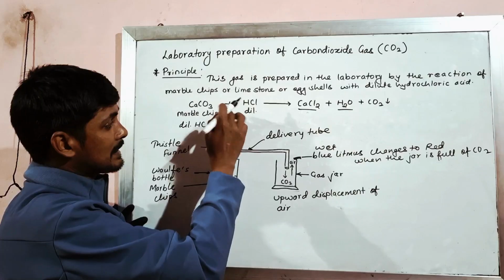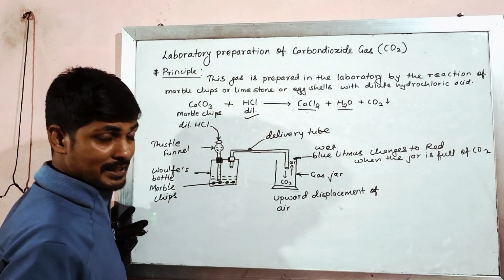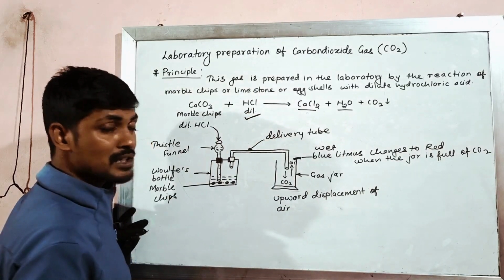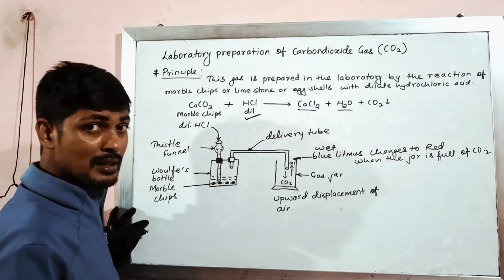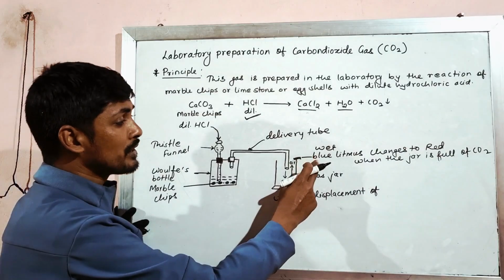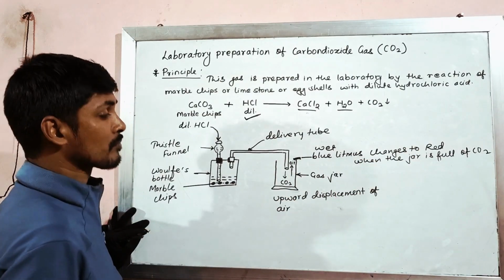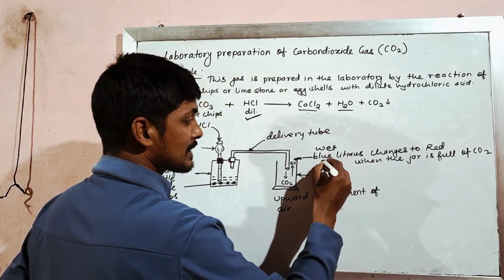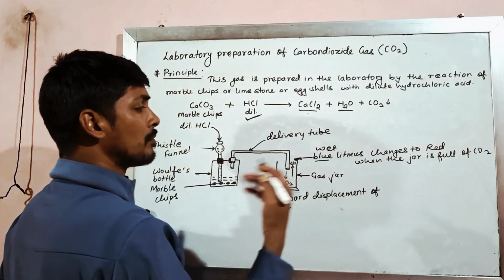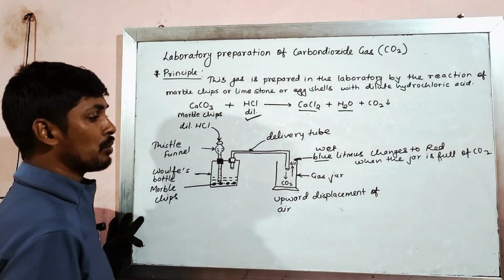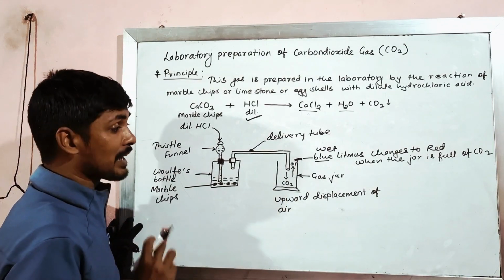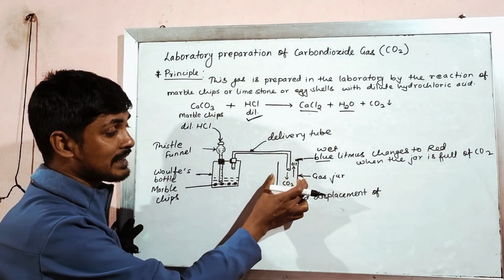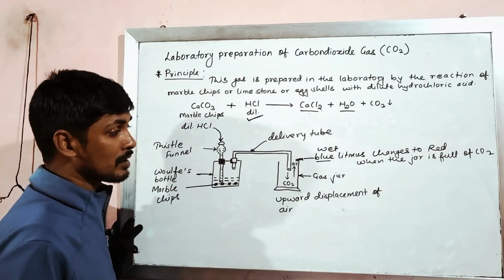In this lab preparation, we use acid. Carbon dioxide is an acidic gas, and acidic gas turns blue litmus paper to red. Now, why don't we collect this carbon dioxide gas in a gas jar containing water? Why do we collect it in an empty gas jar?